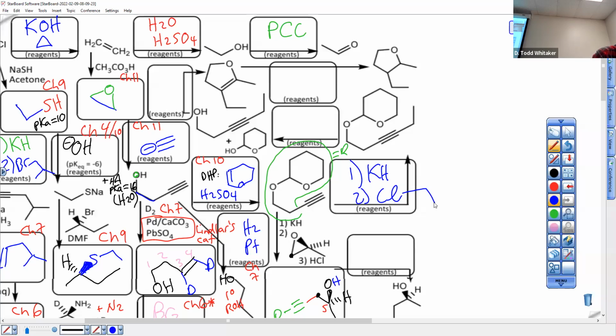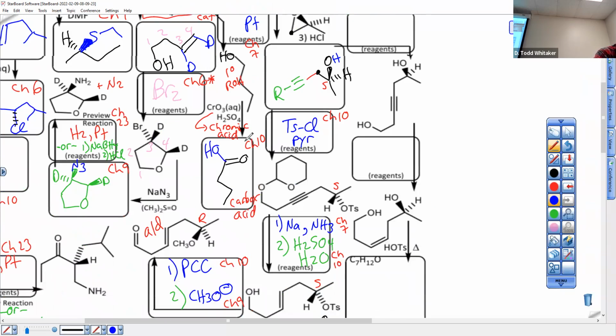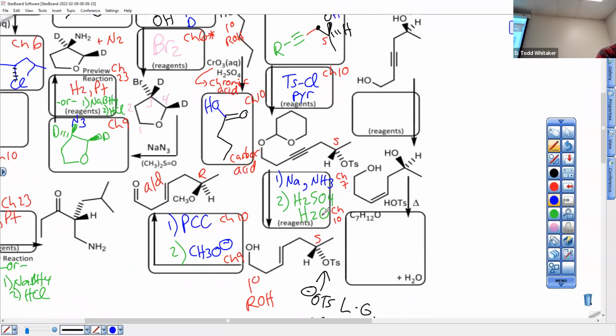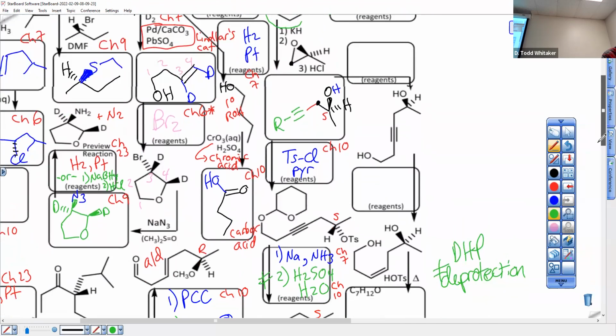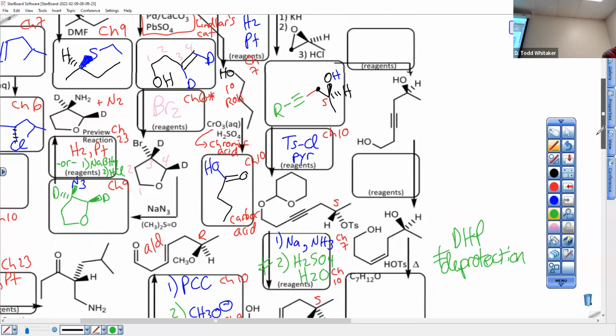And then we have to deprotect our alcohol. Isn't that what that is? We've done that already. That was step 2 here. And I put a little DHP deprotection, found in chapter 10. So I need DHP deprotection.